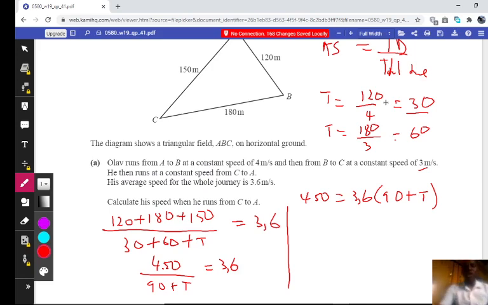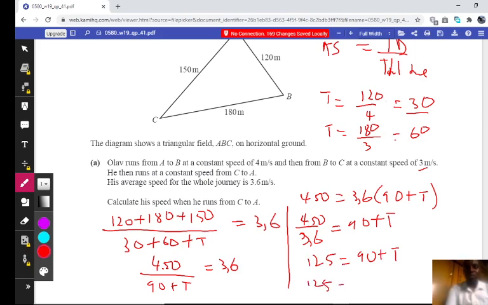You get 125. So 450 over 3.6 equals 90 plus T, which is 125 equals 90 plus T. So your time here is 125 minus 90.